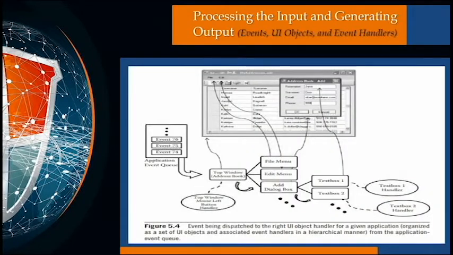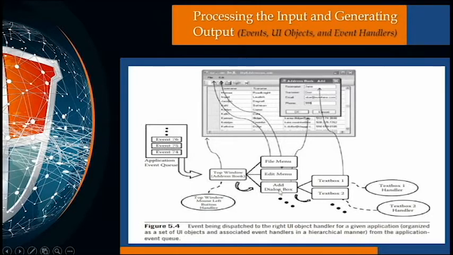Here in the figure, this is an event being dispatched to the right UI. The user will try to locate the add dialog box, which can be found in the file menu or the edit menu. Once the user sees the dialog box and clicks it, this is considered an event. Clicking on the file menu is considered an event, and of course clicking the add dialog box is another event.